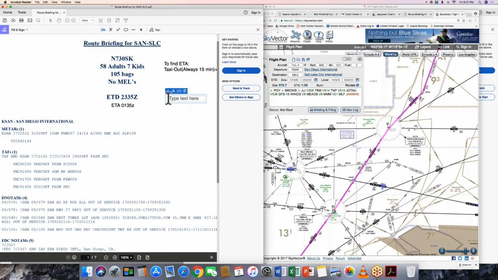So what does our fuel consist of? What's required for us to carry on our flight? Not thinking poundage, I'm thinking the FAR.